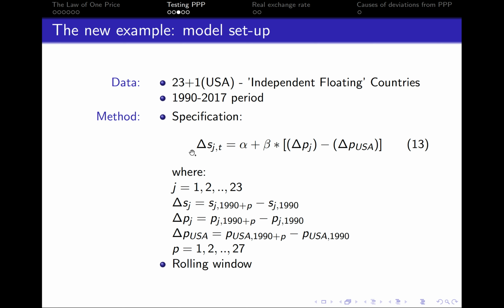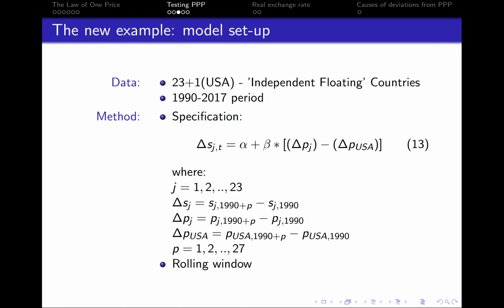So I'm estimating the growth rate of exchange rate as alpha plus beta times the difference in inflation levels between some country J and United States. Now look, what is the main difference between what I did and what has been done by the author?